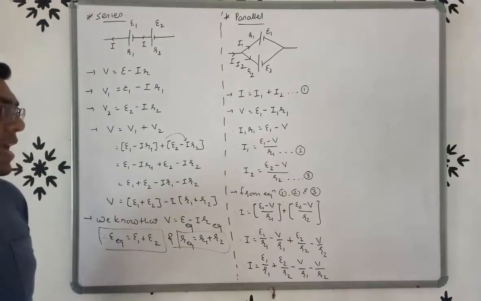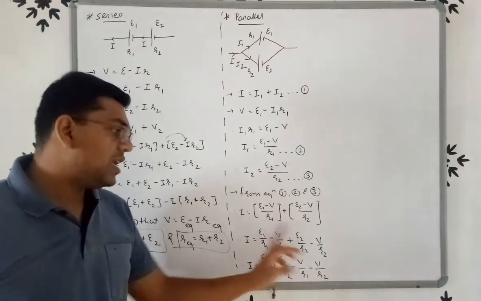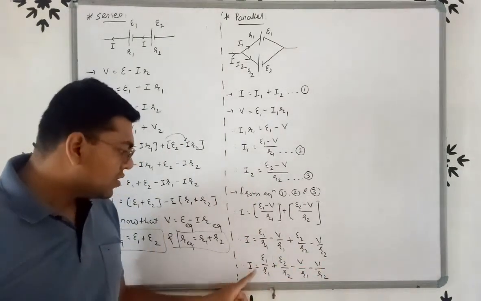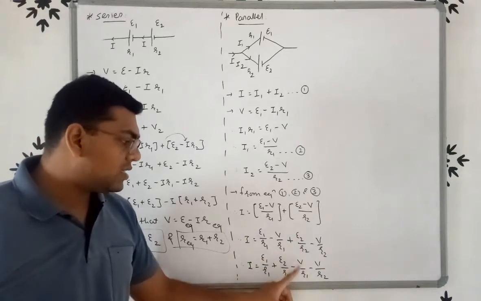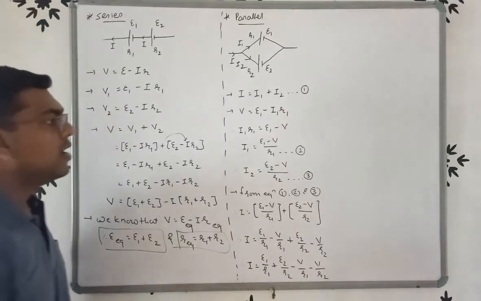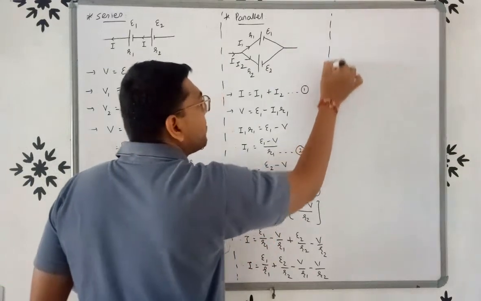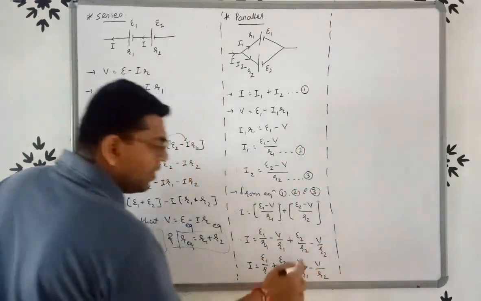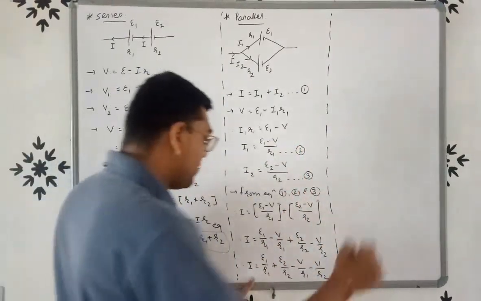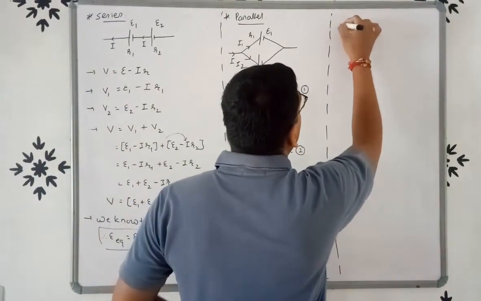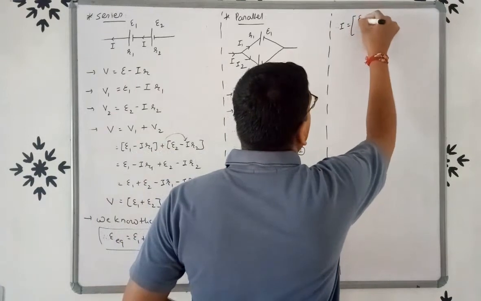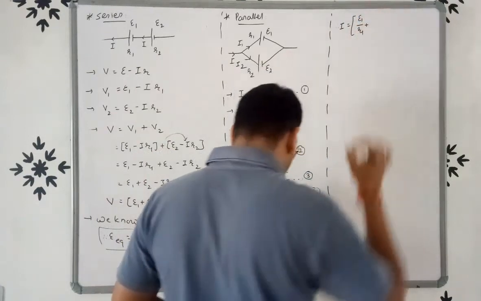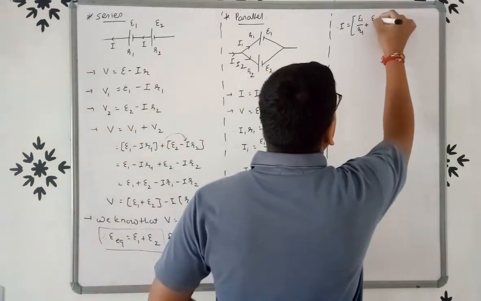Now we arrange the equation, first EMF and then potential. So I is equal to E1 upon R1 plus E2 upon R2 minus V upon R1 minus V upon R2. Here V is common, so we can write I is equal to, in brackets, E1 upon R1 plus E2 upon R2 as it is.